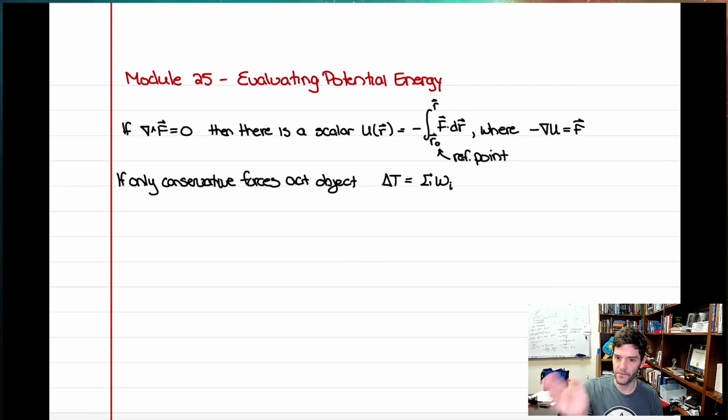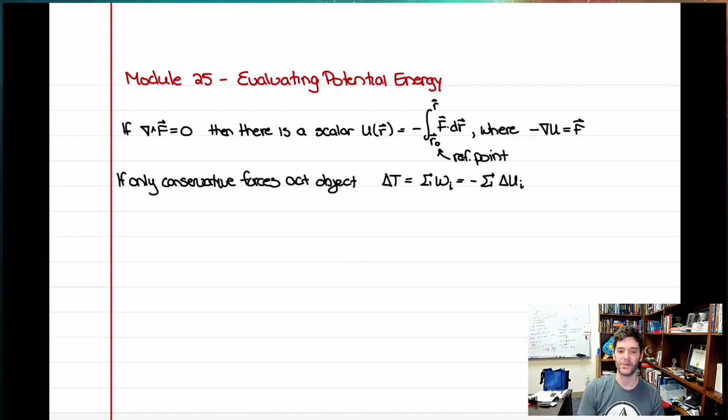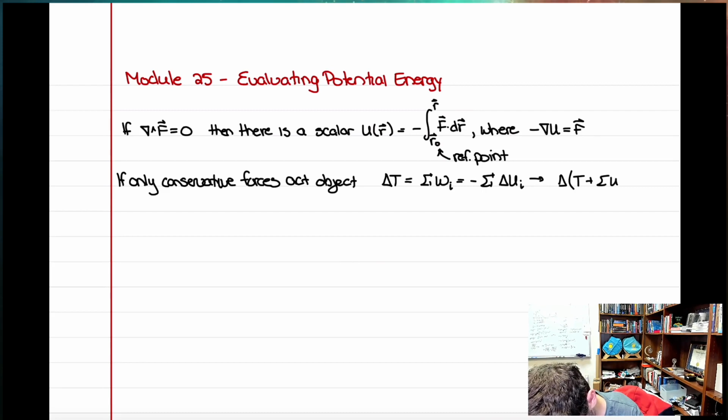But if each of those forces is conservative, each will have its own potential energy function, such that each work is negative the individual change in the potential energy. Again, changes in potential energy relate to work, which is why you're allowed this free reference point. So the ultimate change in kinetic plus all the potential functions equals 0, which is the conservation of energy.